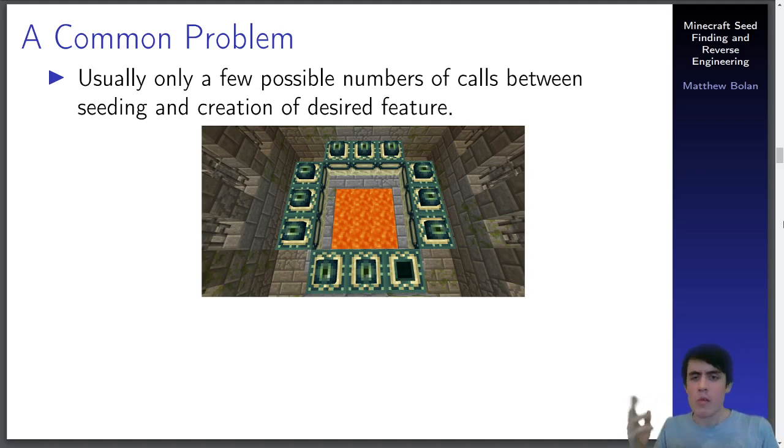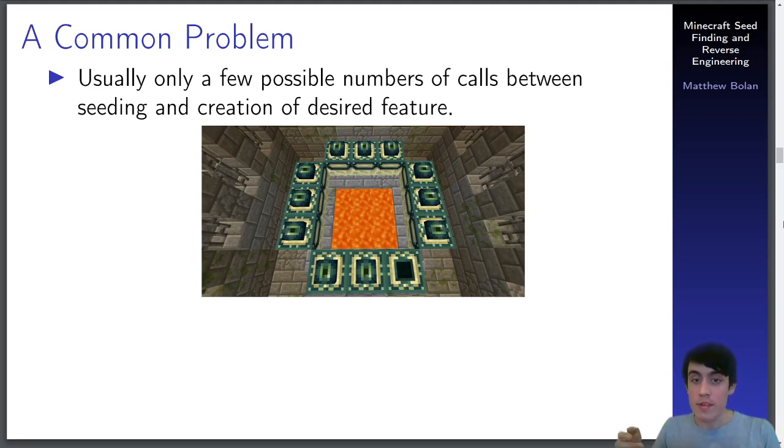Yeah, around 1 in 9 billion chance. We are able to find seeds just before this portal is created that would give us this super rare 11-eyed portal. And this is super important for speedrunning. This is actually the problem that got me into seed finding initially.